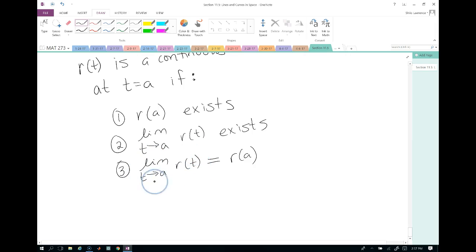We want the answer that we get for the limit to be exactly the same as what we would get if we just plugged a directly into the vector-valued function. Really what this means is that the limit can be evaluated with direct substitution. If you have to use any special math tricks like algebra simplification or L'Hopital's, that means it's not continuous. If we can get our answer for the limit with just direct substitution, that means the limit exists.